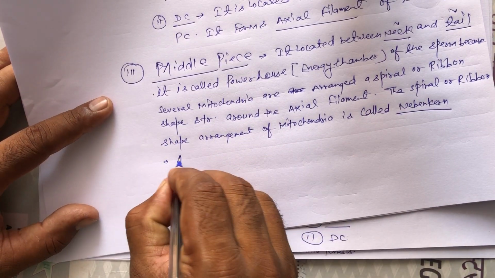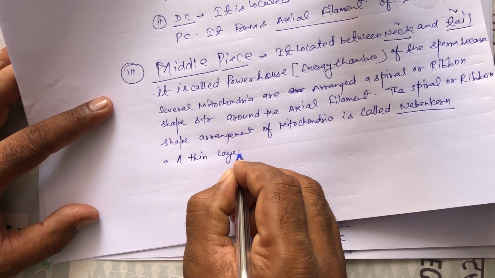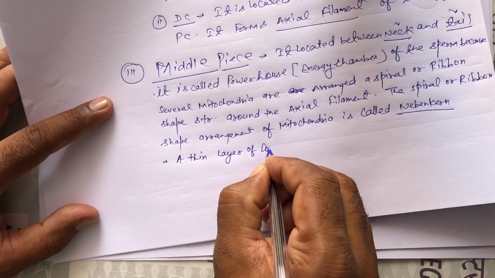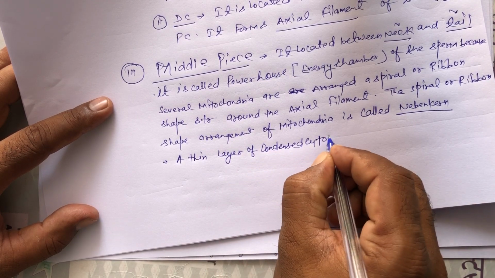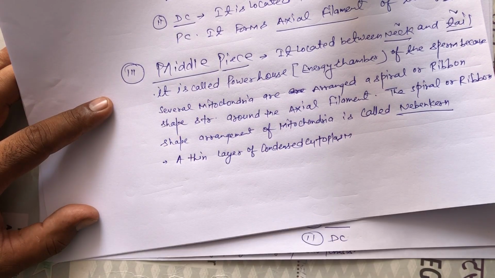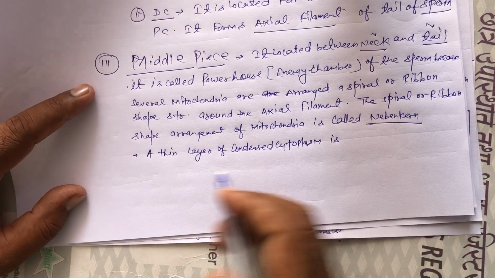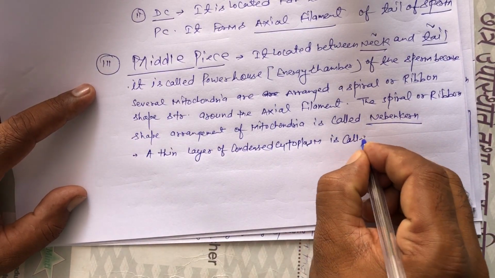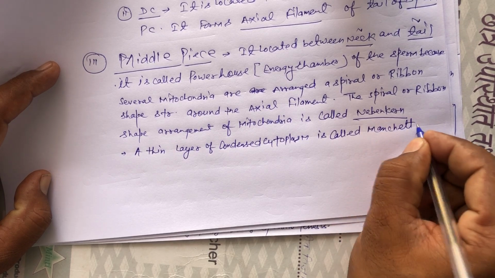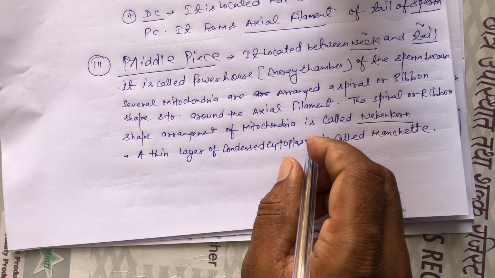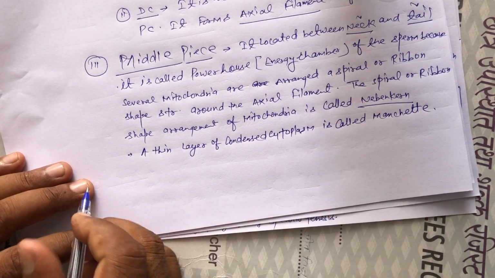Next, a thin layer of condensed cytoplasm is called the manchette. Next part is the tail.